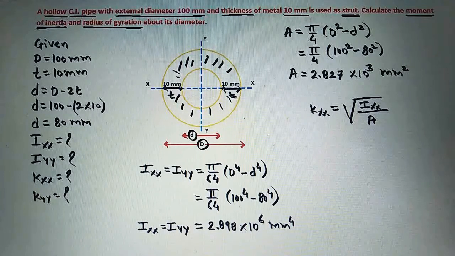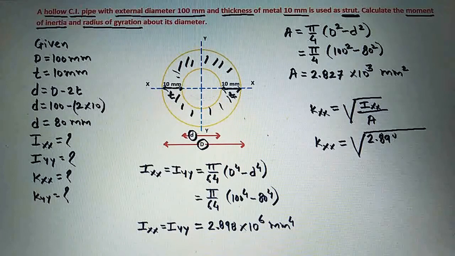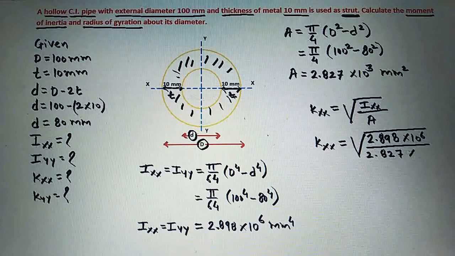Now if we put the values of Ixx and area A in this formula of radius of gyration, then we can write kxx is equal to square root of, what is Ixx? It is 2.898 into 10 raised to 6 divided by, what is area? 2.827 into 10 raised to 3.